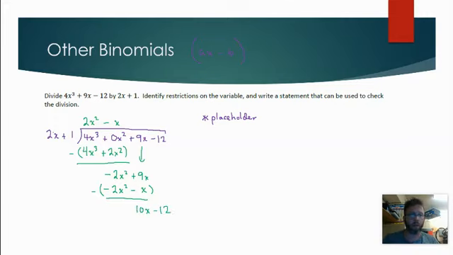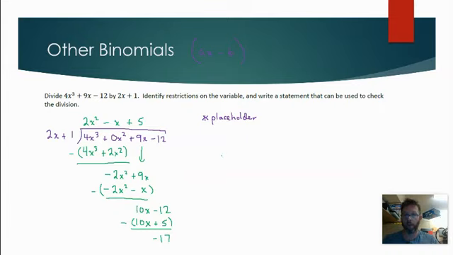And we're almost done. 2x goes into 10x exactly 5 times. 5 times 2x is 10x. 5 times 1 is 5. And finally subtract. Negative 12 take away 5 is negative 17.